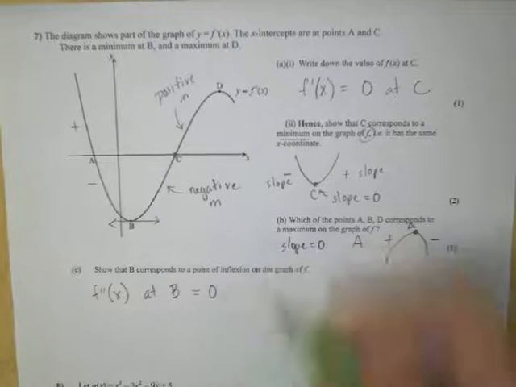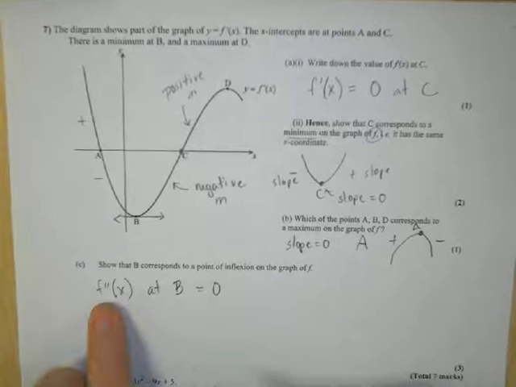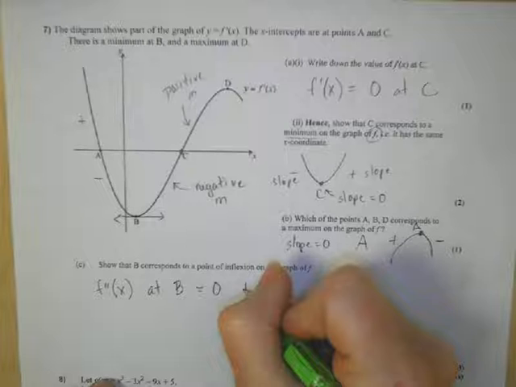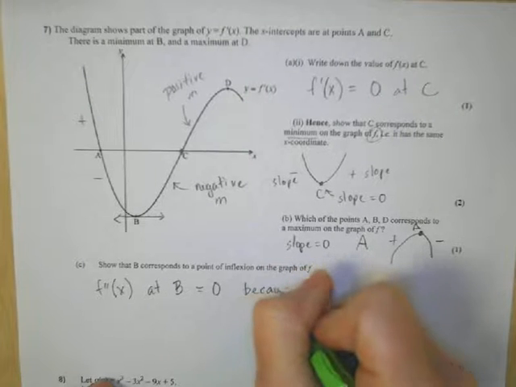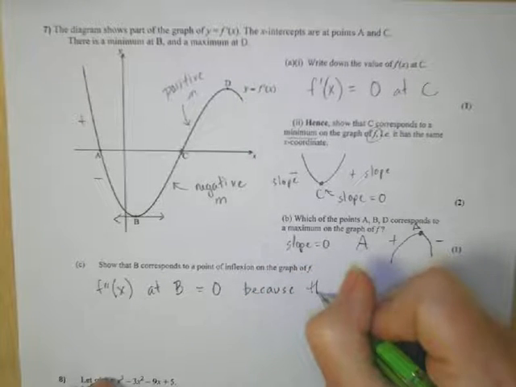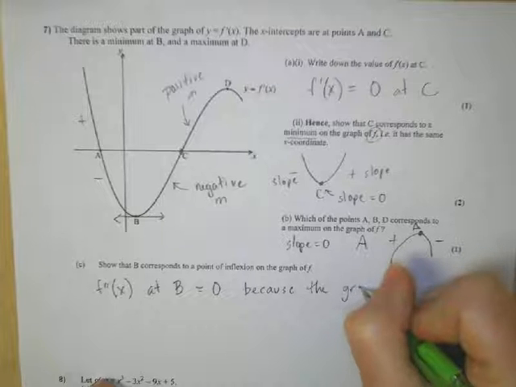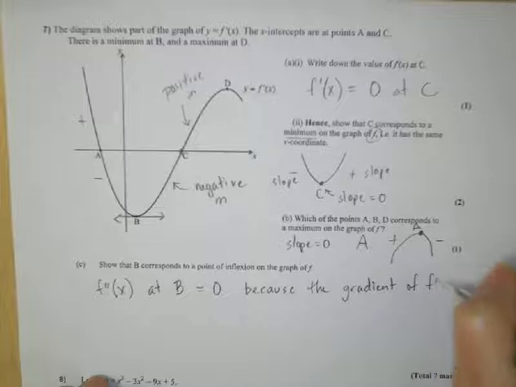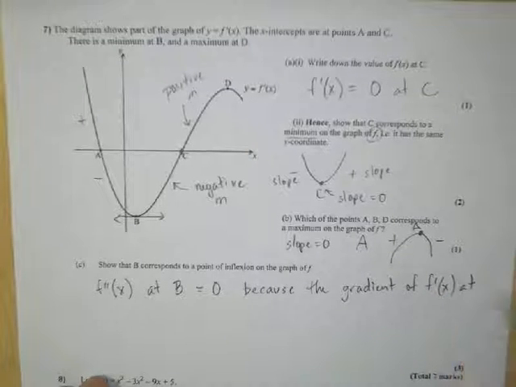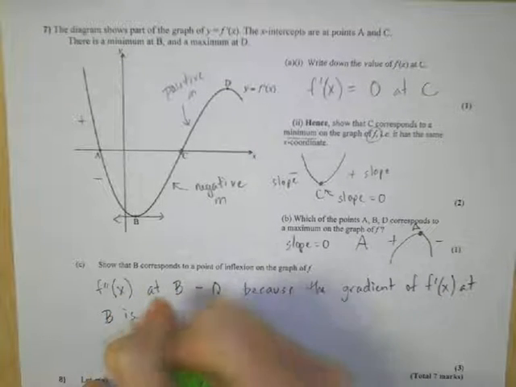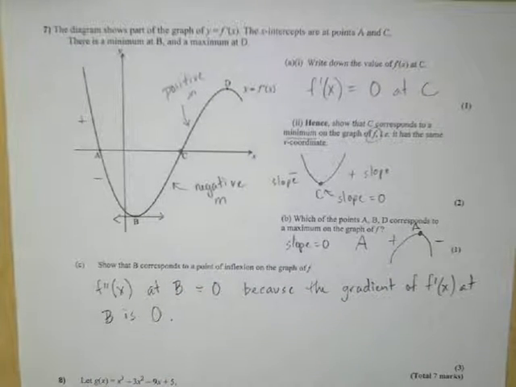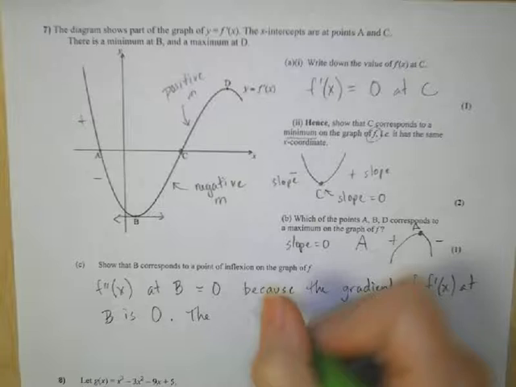Okay, so the second derivative at b equals 0, because the gradient of the first derivative at b is 0. Okay, and the second derivative tells us where the inflection point is.